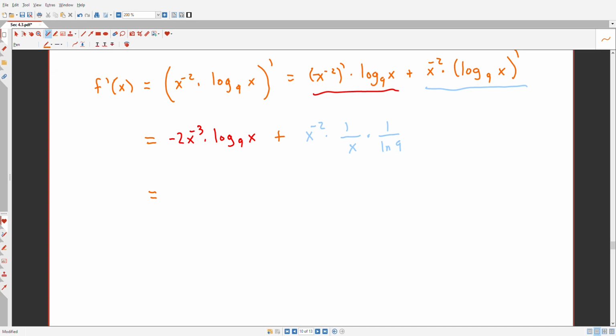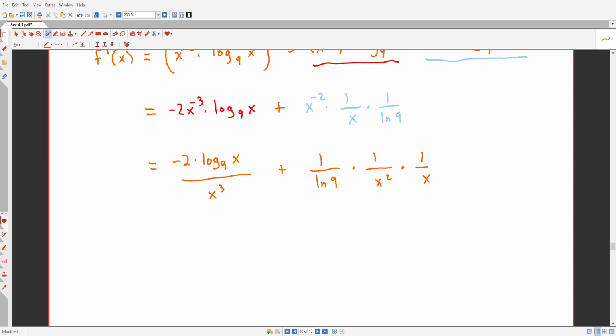So, for example, that x to the negative 3 on the first term, I can write that as an x to the positive 3, all in a denominator. And this term over here, maybe I'll write the 1 over natural log 9 out front. This term over here, that x to the negative 2, I can write as a denominator. And look, I've got 2 powers of x there.